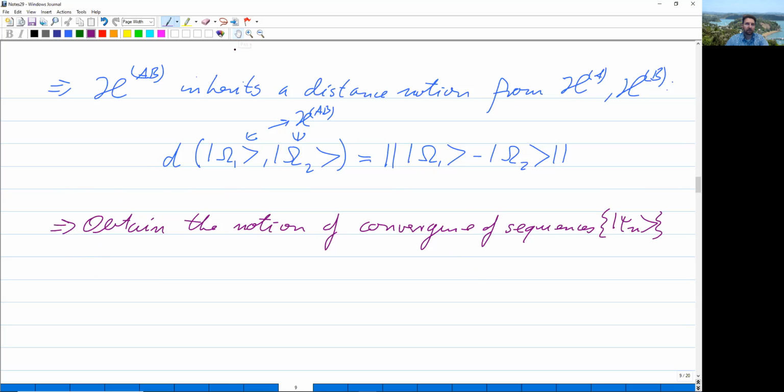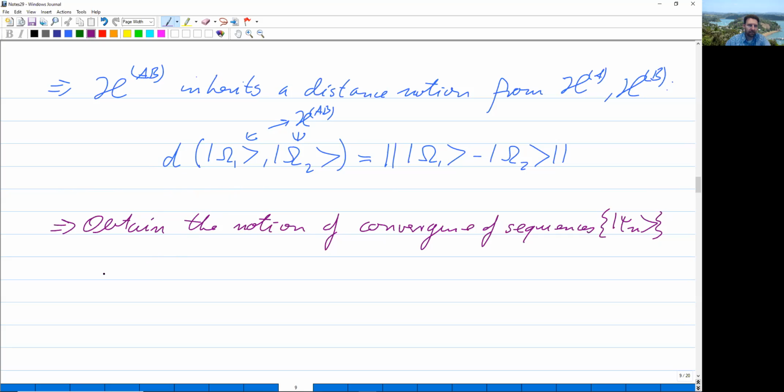But at this point, we are now ready to enlarge our vector space, HAB, to include also infinite sums of infinitely many unentangled terms, as long as the norm is finite, or as long as the Cauchy sequences are convergent.